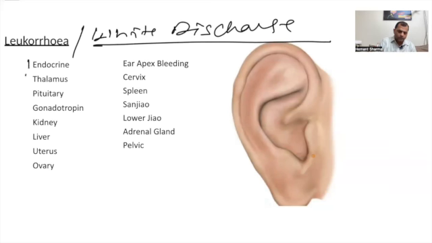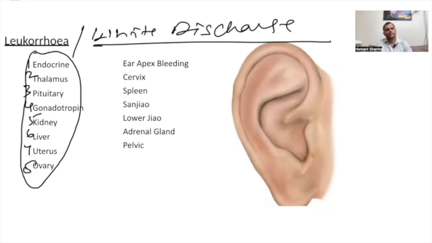So 1, 2, 3, 4, 5, 6, 7, 8. 8 points will remain the same always, whether the menstrual disorder is heavy menstruation, menorrhagia, dysmenorrhea, or low menstruation, oligomenorrhea, or any type of menstrual disorder, these 8 points will remain the same.